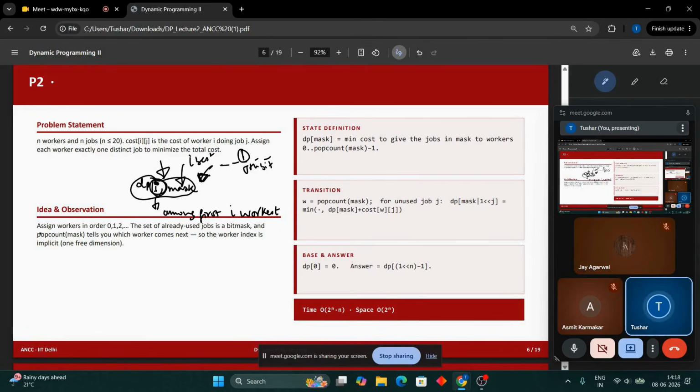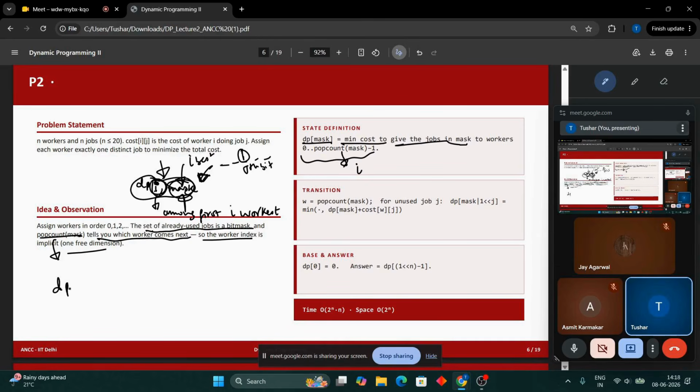If we have our workers from 0 to n minus 1, and a bitmask representing the set of already used jobs, its popcount, the number of bits set to 1, will tell us how many workers have already been assigned and which worker is the next one. So that index is implicit, and our state is dp[mask], which tells us the minimum cost to assign the jobs set in the mask to the workers from 0 to popcount(mask) minus 1.